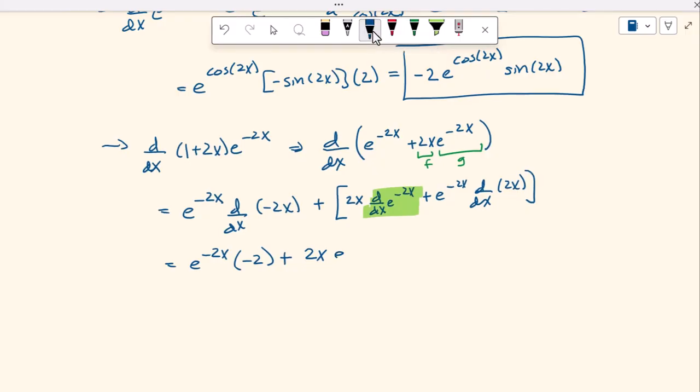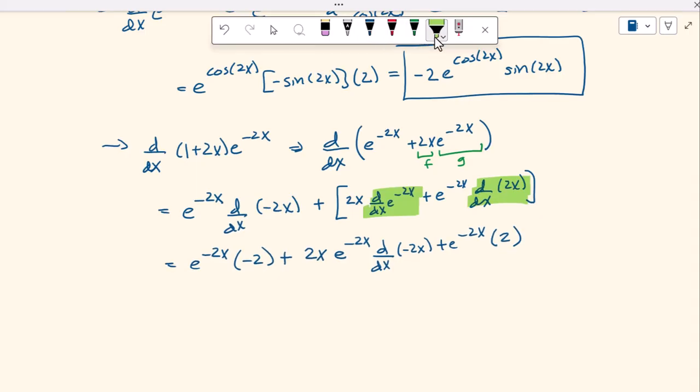So that's going to be e to the u prime. So the derivative of e to the u is e to the u times the derivative of the argument, or the derivative of the exponent. So that is e to the negative 2x for my next step, and the derivative of 2x is just 2.